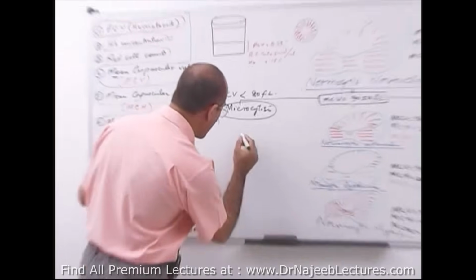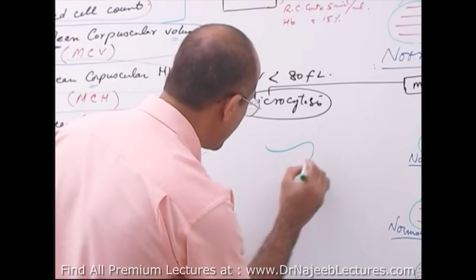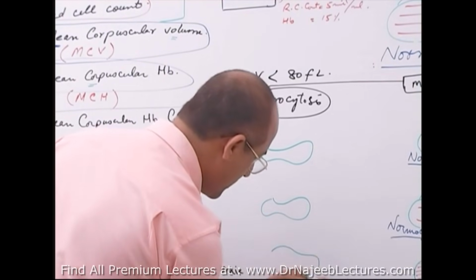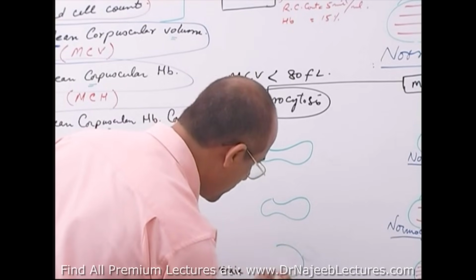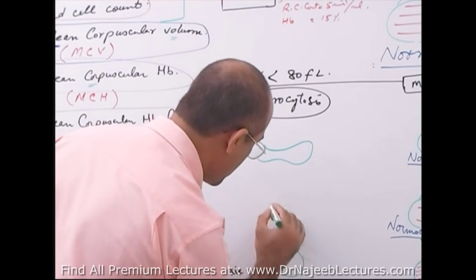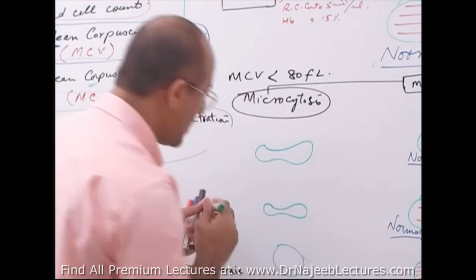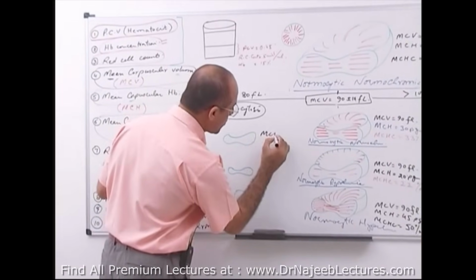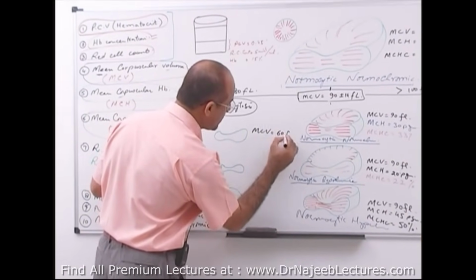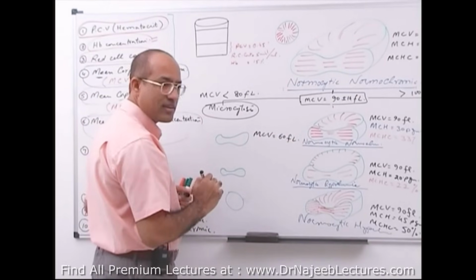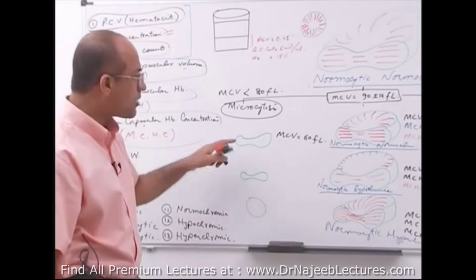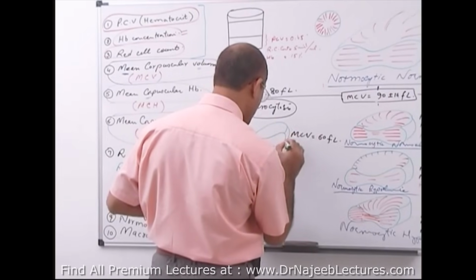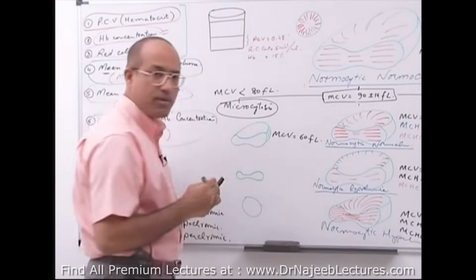Now, let's talk about microcytosis. Of course, these are smaller RBCs or larger? These are smaller. Now look, what really happens here: mean corpuscular volume is, suppose, 60 femtoliter.